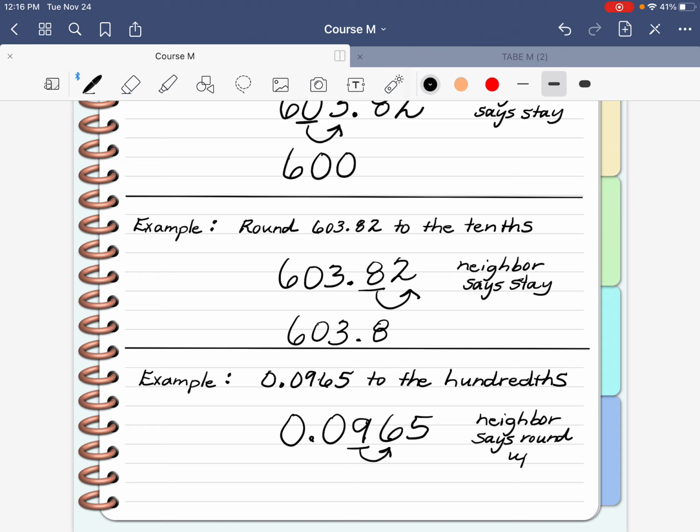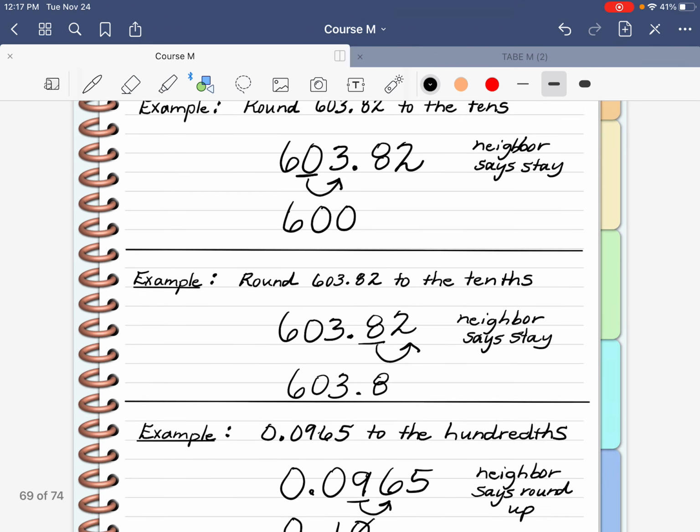So when I go to round that 9 up, it becomes a 10. The 9 rounds up to a 10. And then I will eliminate that extra 0. So you could call that 10 hundredths or 1 tenth. It's the same thing. But you need to get that 1 in that tenths place.